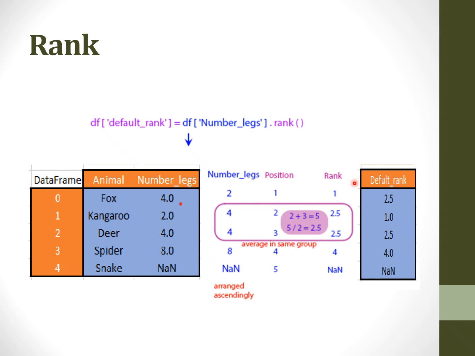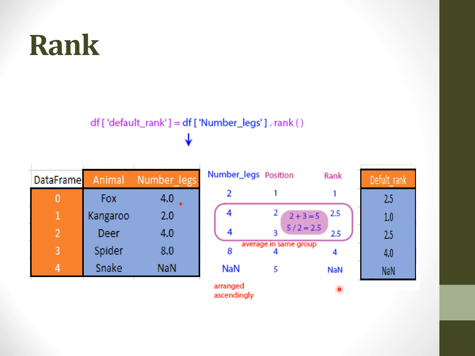Since the second position and the third position have the same value, we give equal ranking for both of them. Their positional values are added and divided by 2, which gives an equal rank value for equal number of legs. And then finally 4 is placed in this rank and then 5 is placed.